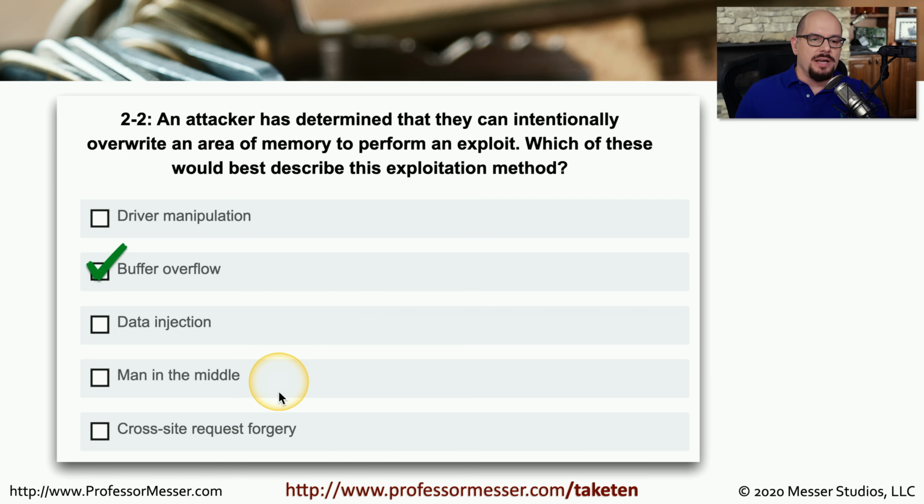Man in the middle is a type of attack where a third party can sit between two systems, and without those two systems knowing it, they're able to both see and in some cases inject their own data. In a man in the middle situation, we also are not necessarily overwriting an area of memory. And a cross-site request forgery is another way to get our own code into a system, but it again does not require that we overwrite a section of memory to be able to do that.